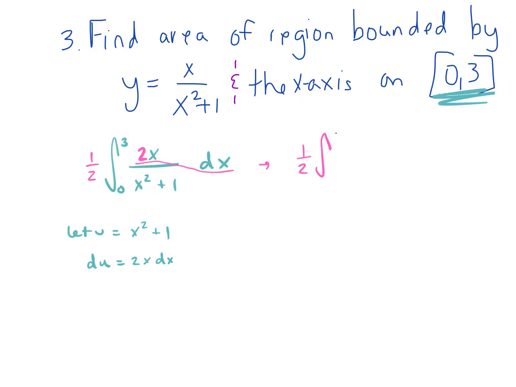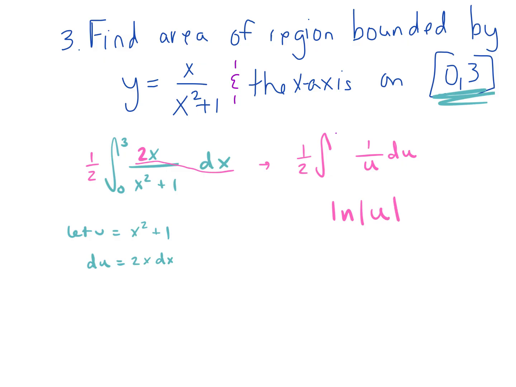I'm not going to put values on my integral because these are x values and I don't want to get confused when I'm plugging in u's, so I'm just going to leave it blank for now. 2x dx turns into du, and then x squared plus 1 would turn into u. So we've got 1 over u du. What's the integral of 1 over u? ln u, perfect. ln of the absolute value of u.